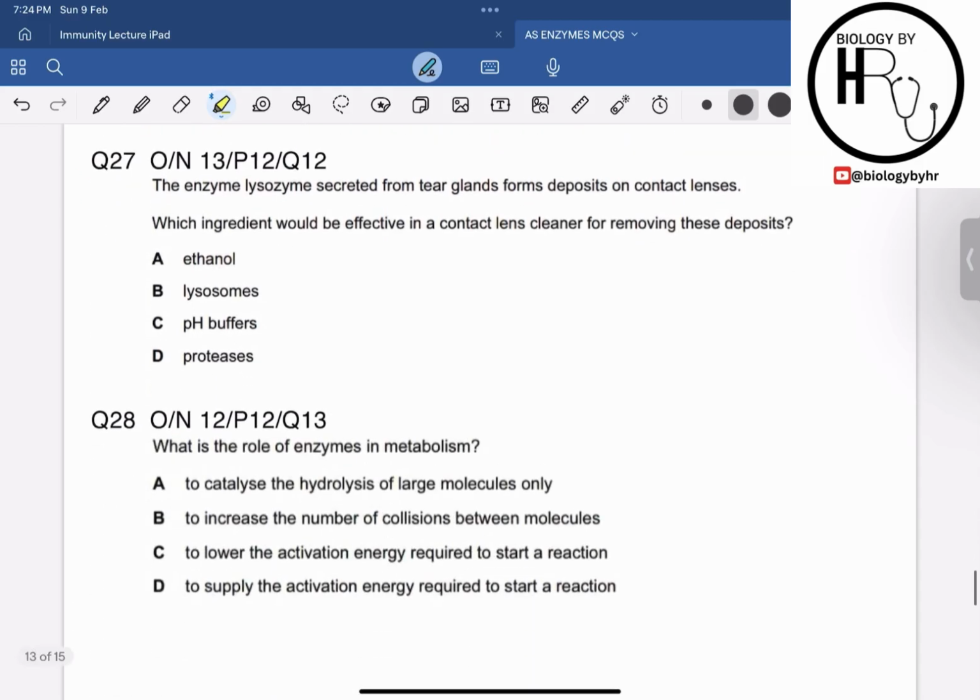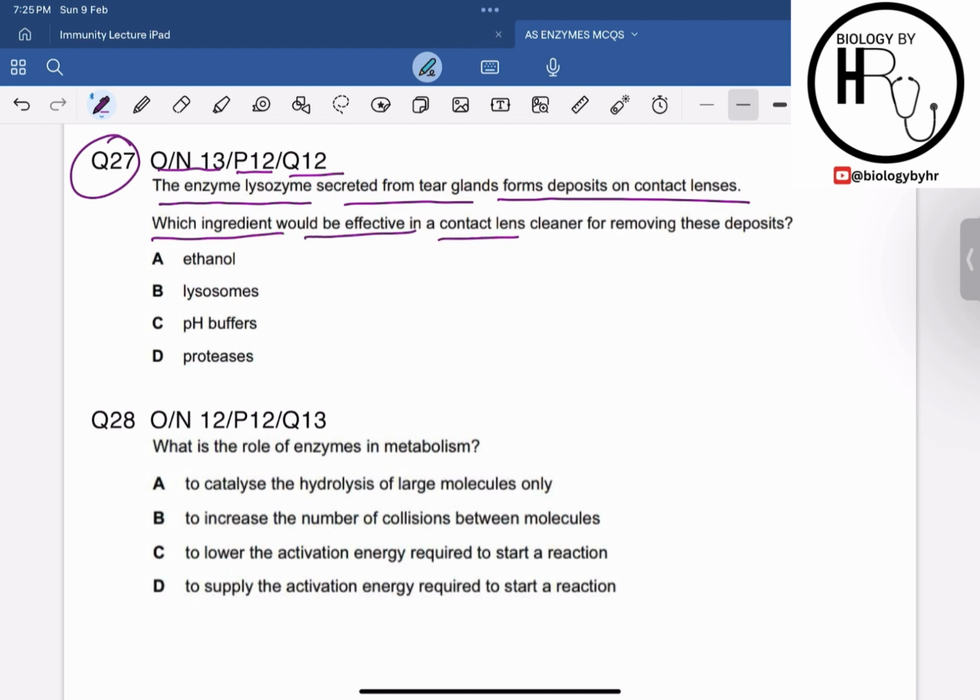Now let's move on to question number 27 over here. Question 27 is now from October-November 2013, paper 1-2, question 12. It says that the enzyme lysozyme secreted from the tear glands forms the deposit on the contact lenses. Which ingredient would be effective in a contact lens cleaner for removing these deposits?